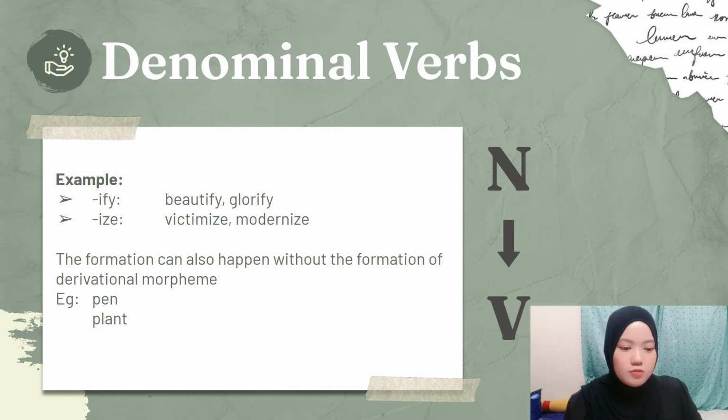Verb formation can also happen without derivational morphemes, as we learned in the previous class. For example, the word pen, which is a literal pen that we use to write, and the action of writing; and also plant, which is a plant, and the action of planting something.